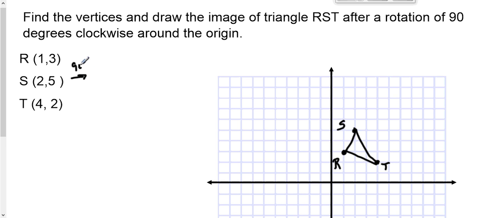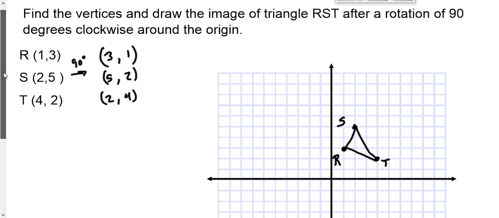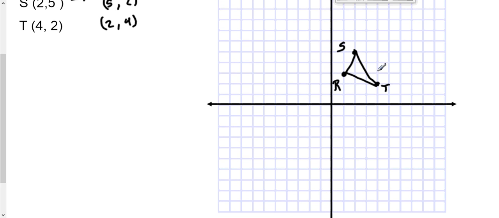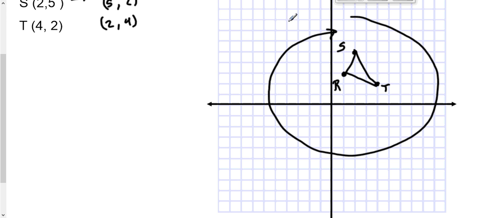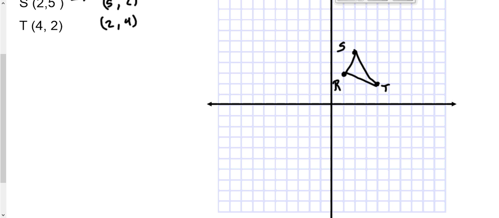So 90 degrees means that these coordinate points switch places once. Over here on the graph, clockwise rotates this way. So 90 degrees lands us in quadrant number 4.